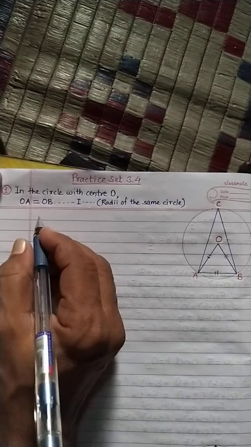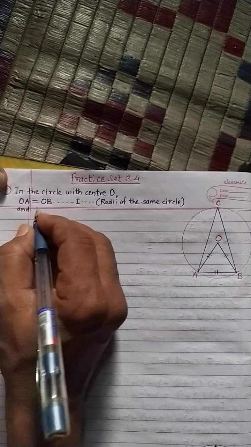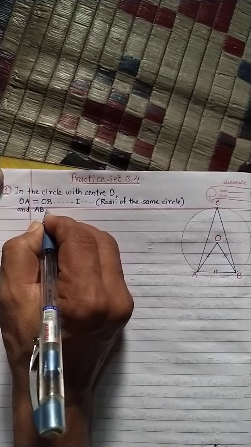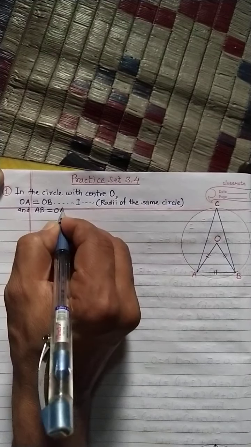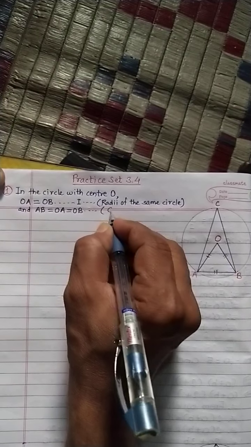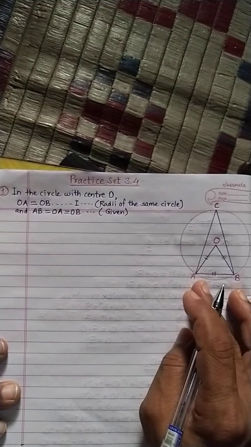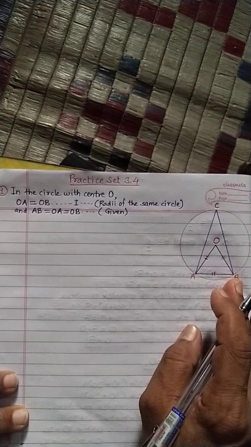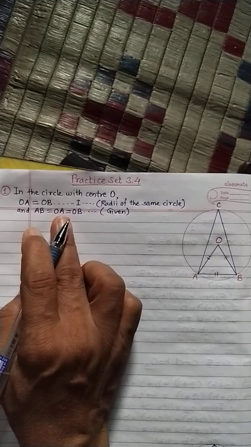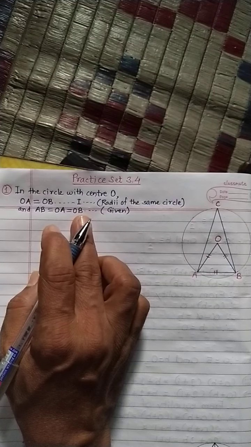Okay, and AB is equal to OA is equal to OB. Here is the reason given. Why? Because the length of chord AB is equal to the radius of the circle, so AB is equal to OA is equal to OB.